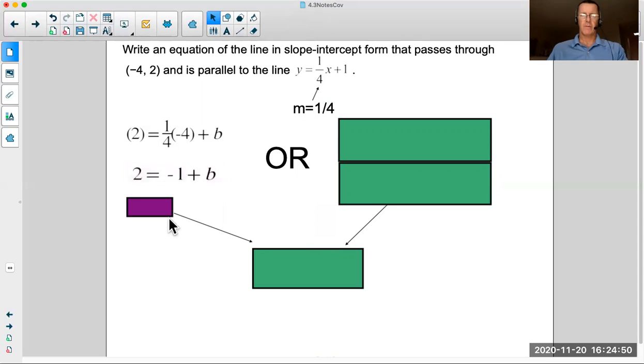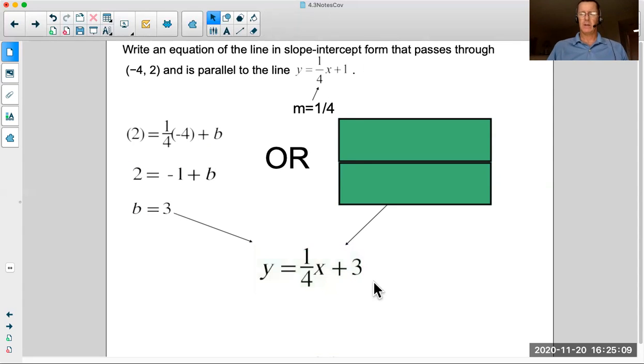And once I've solved for b, this is equal to negative 1, and then I have negative 1 plus b, so I'd add 1 to both sides. 2 plus 1 is 3. I now have b, I have the m, so I could write it in slope-intercept form like that.